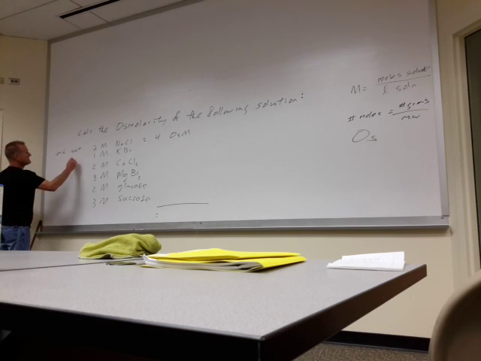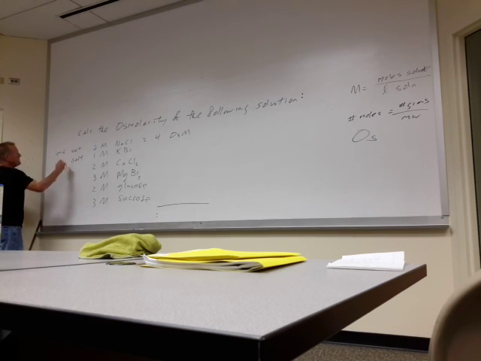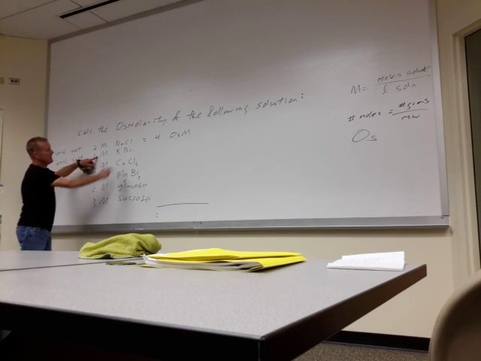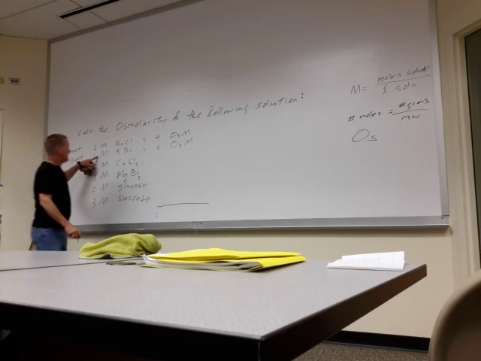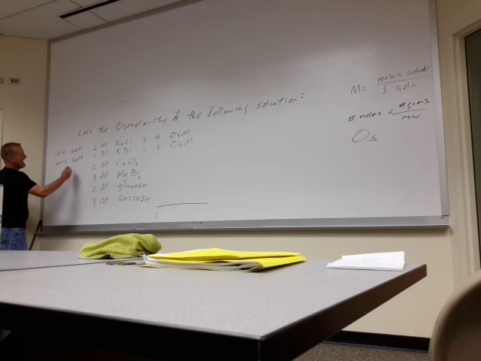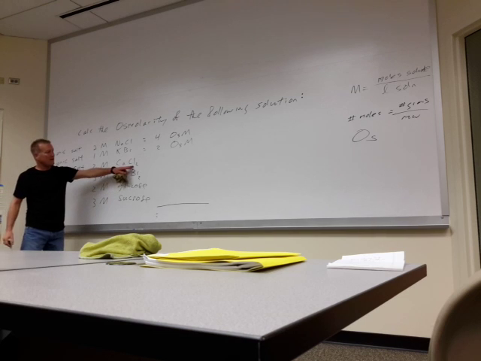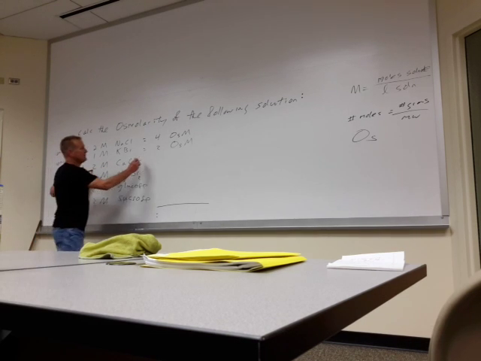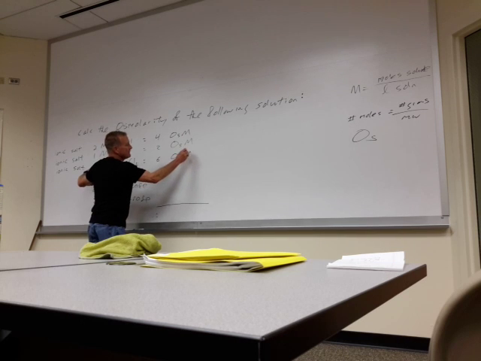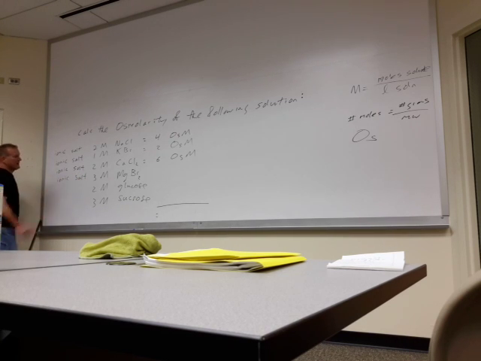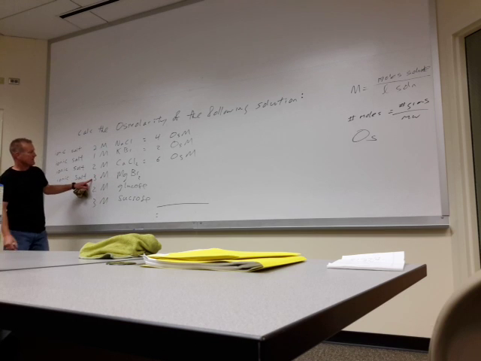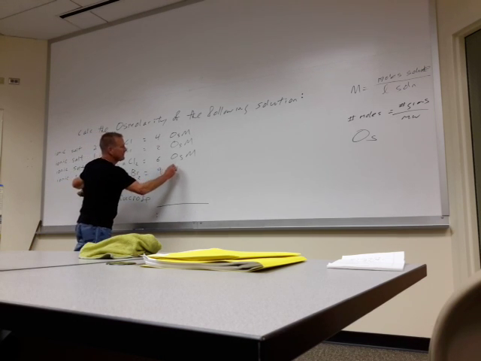Potassium bromide, ide, it's a salt. It's ionic. 1 molar times how many ions? So 2 osmolar. Calcium chloride, ide, it's a salt. It's ionic. I see 3 ions there times a molarity of 2. 3 times 2 is 6 osmolar. Magnesium bromide, ide, it's a salt. It's ionic. 3 ions times the molarity of 3. 3 times 3 is 9.